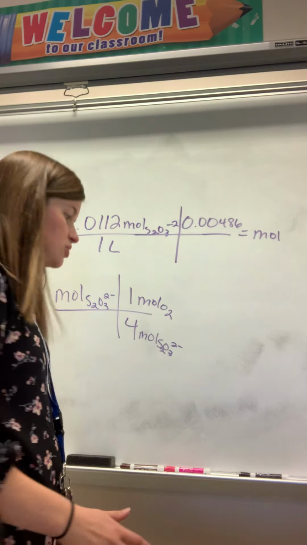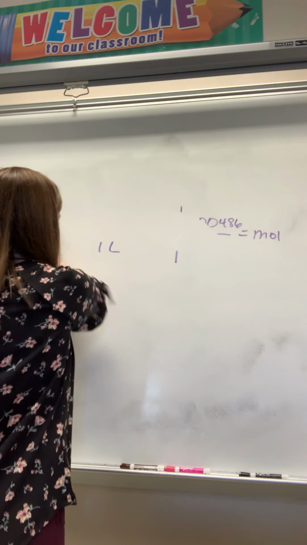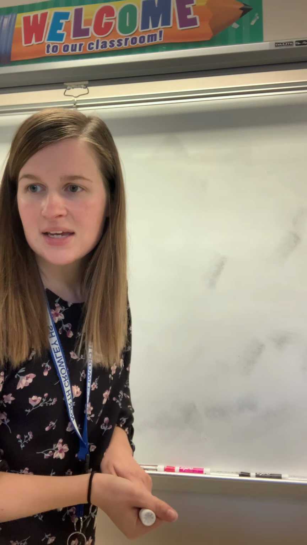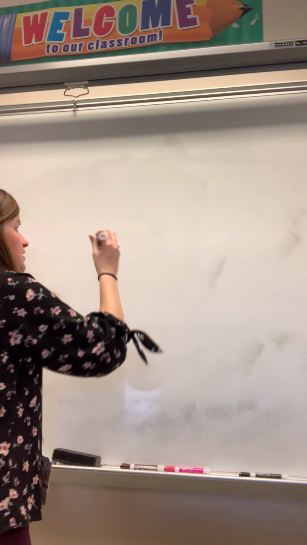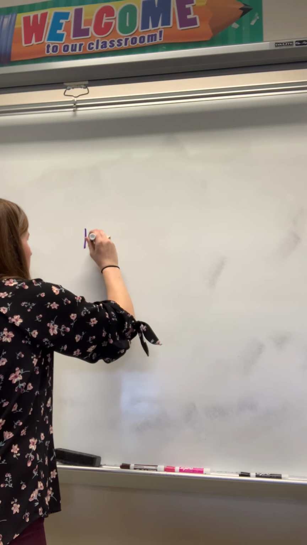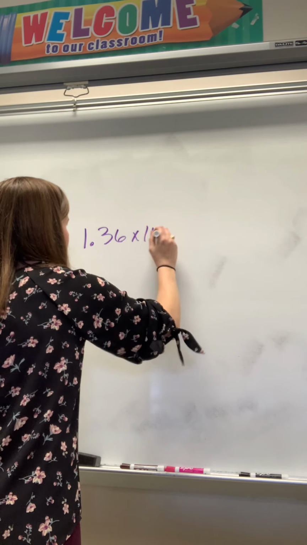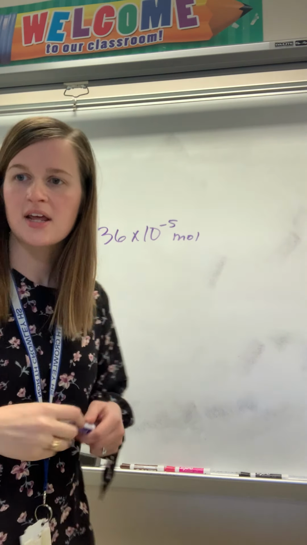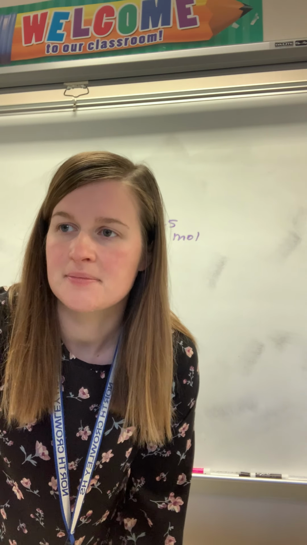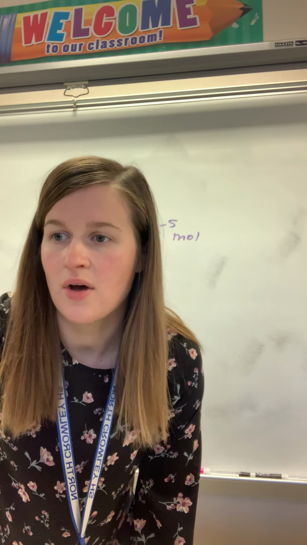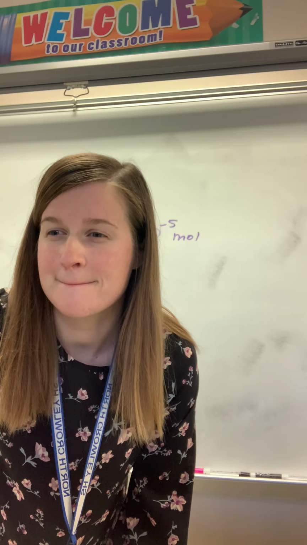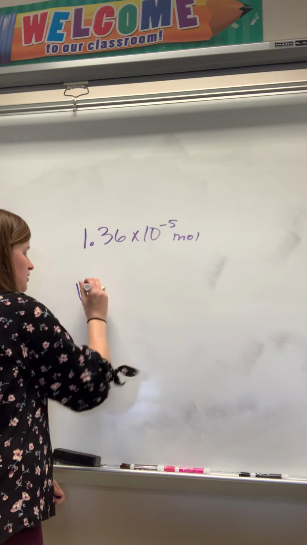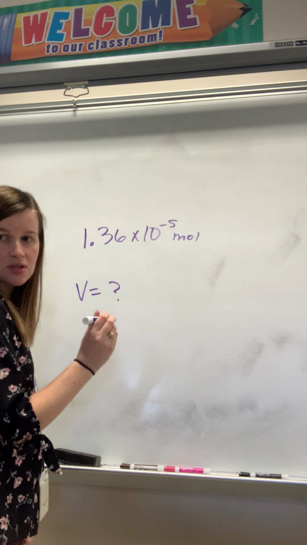So we want our concentration to be that obtained in B, which was 1.36 times 10 to the negative 5th moles, our molar concentration of oxygen. And it wants to know the amount. So what volume? We're looking for V of O2.